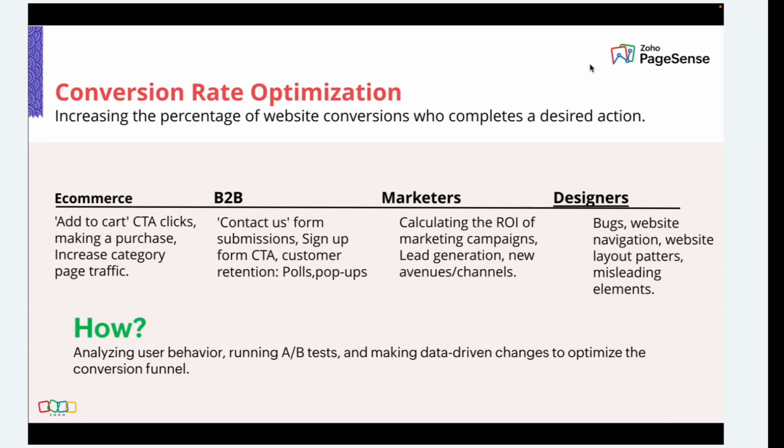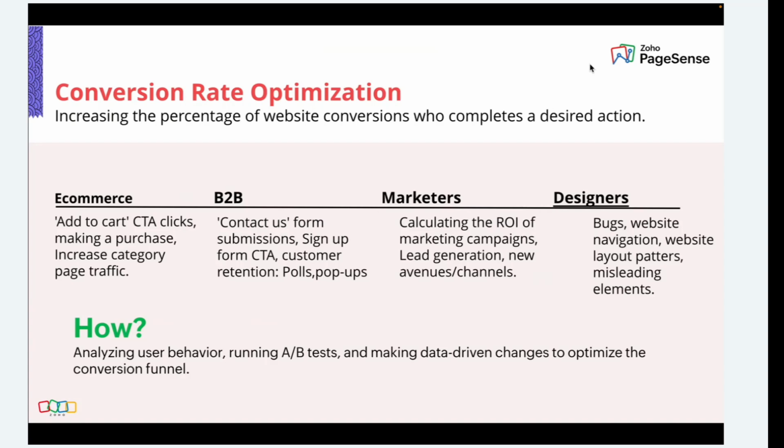For marketers, it's the focus on the ROI of campaigns and discovering new channels for lead generation. And for designers, it's all about uncovering bugs, refining website navigation, tweaking layout patterns, and eliminating misleading elements. So, conversion rate optimization is the process of improving the percentage of website visitors who take these desired actions.